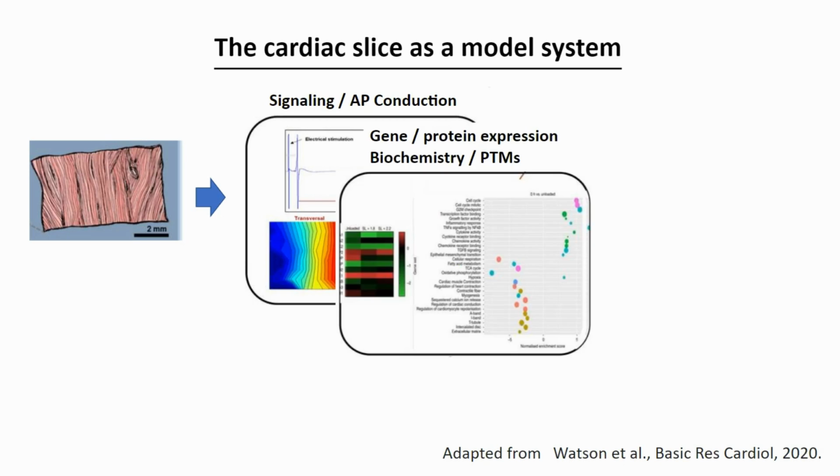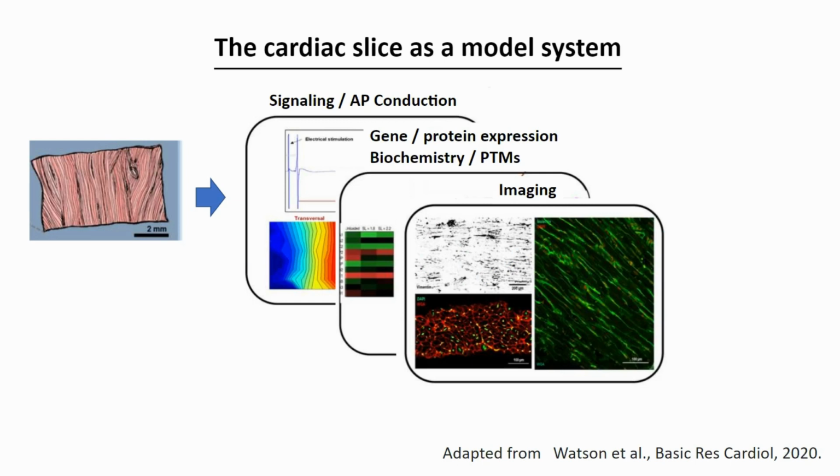Gene and protein expression can be examined, as well as biochemical processes and post-translational modifications. And imaging of cellular, intracellular, and extracellular structures and processes are also possible with the cardiac slice. The slice maintains the in vivo architecture of cells and extracellular matrix, so therefore the cardiac slice is advantageous for many imaging applications.